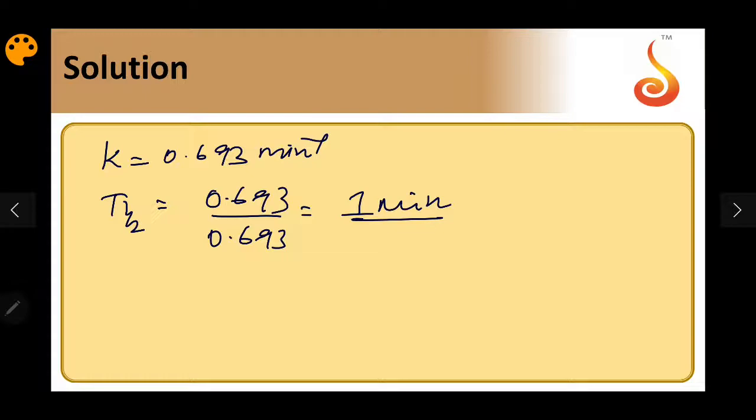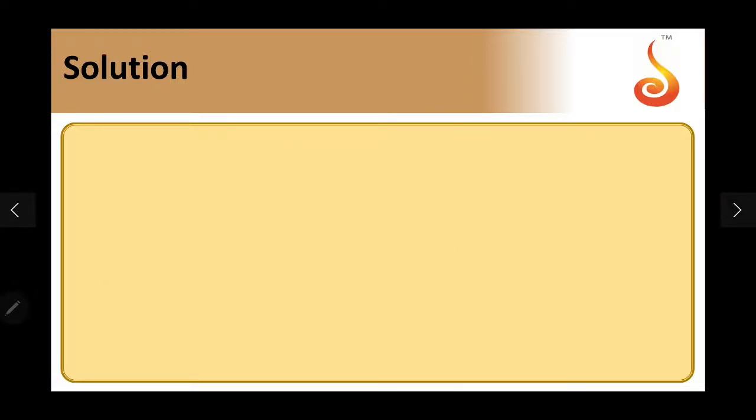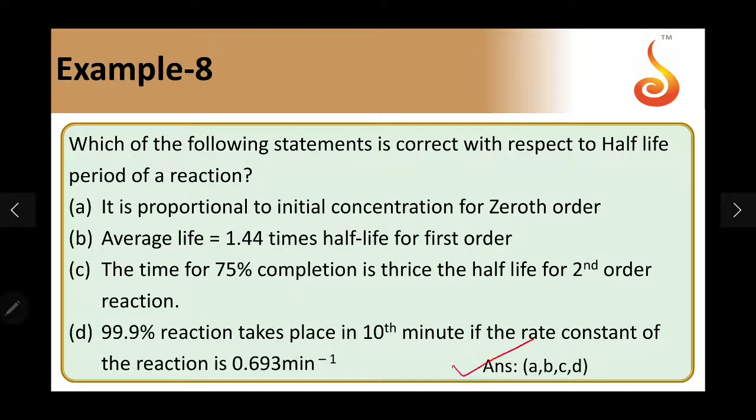So we know that for a first order reaction, 99.9% is equal to 10 times T half. So 10 into 1 is equal to 10th minute. So this option is also right. So answer should be A, B, C, D.